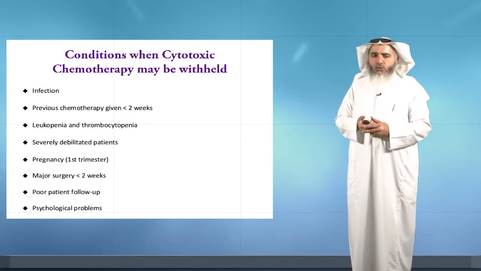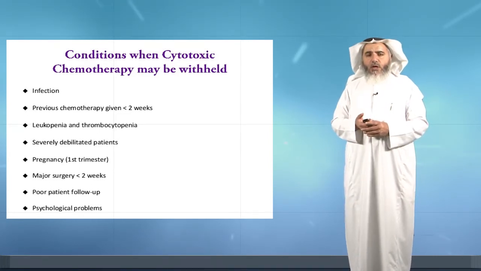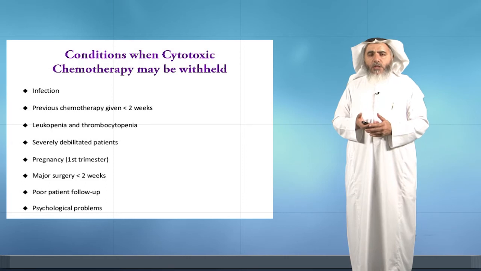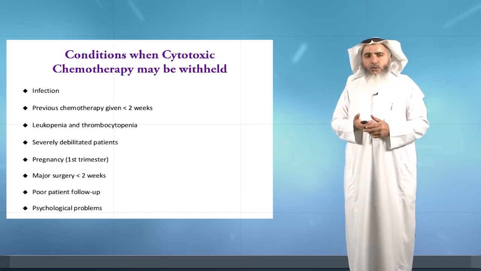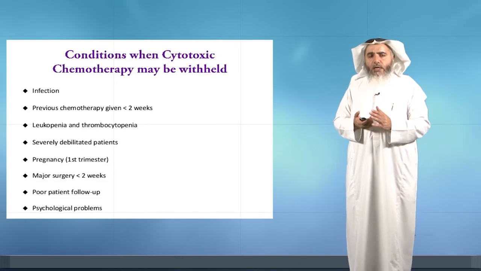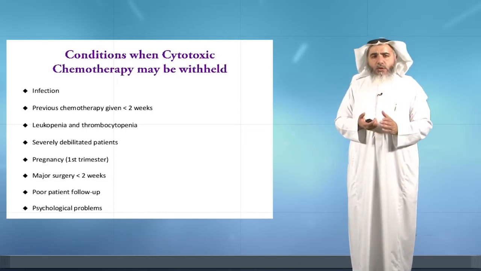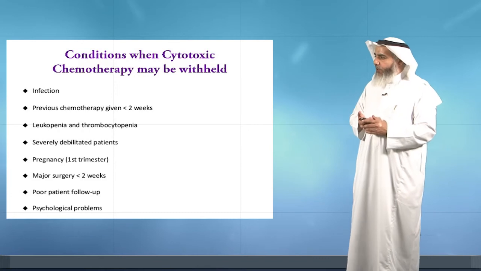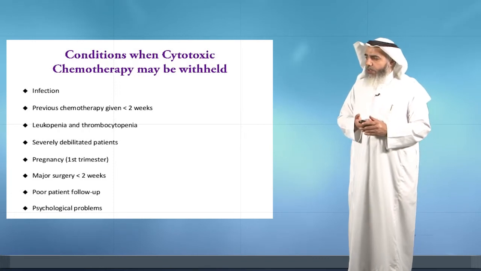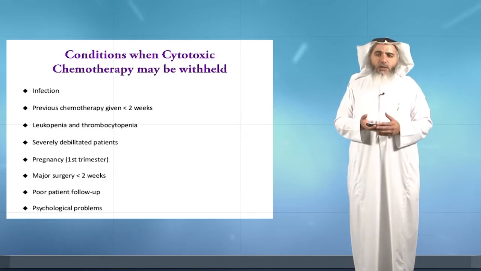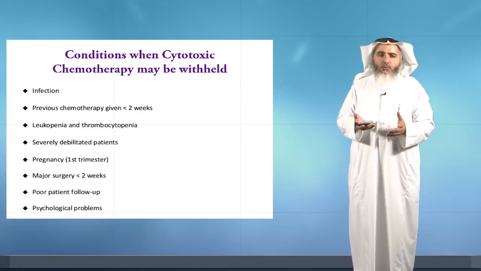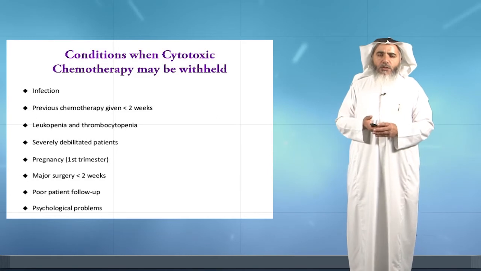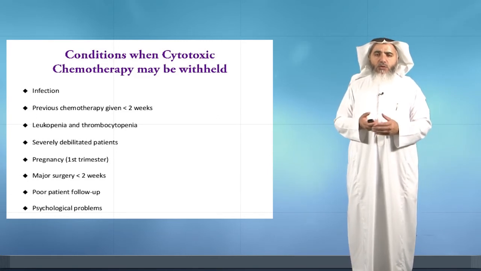Major surgery within 2 weeks: after surgery, the patient will require protein, and infection is common at this period. Bleeding also is common at this period, so it's better to delay chemotherapy till 1 month after surgery. If the patient is not compliant, living far away, not ready to come to the hospital, and there is no local support, it's not fair to give the patient very toxic medication without support.